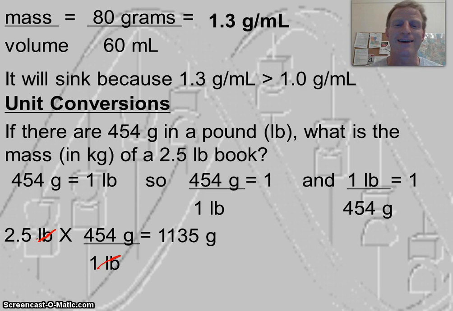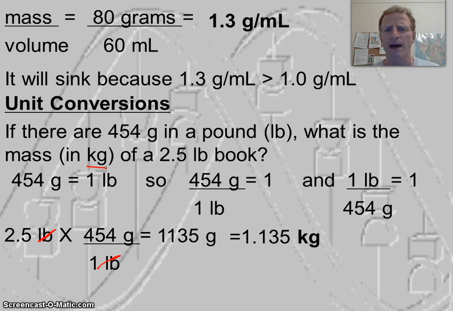Trick question, right? No, I asked for kilograms. So convert that to kilograms. Well, there are 1,000 grams in a kilogram, right? So that would be 1.135 kilograms. And again, with significant figures, we'd round that off to probably 1.1. Anyway, these are the kind of problems that we're going to be solving this week in lab.